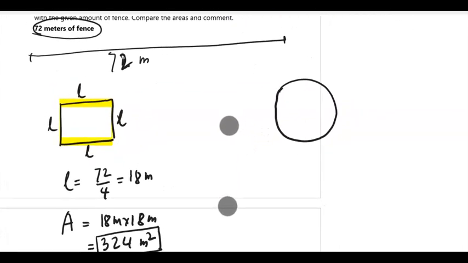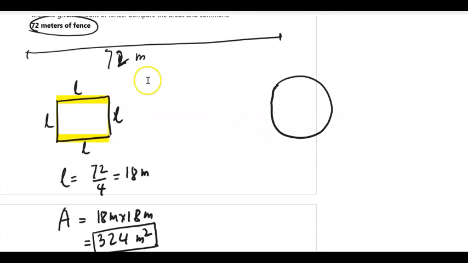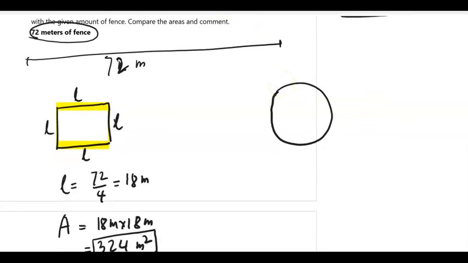Now if you do the same thing for the circular enclosure, notice that 72 is the perimeter here. Then you have to find the radius. What is R, to find the circle area? So you have to find the radius first.